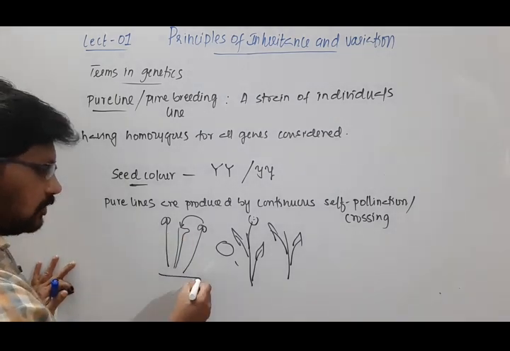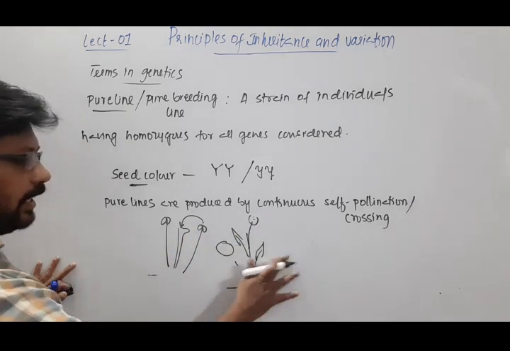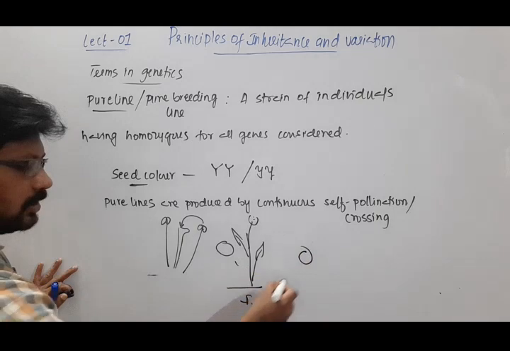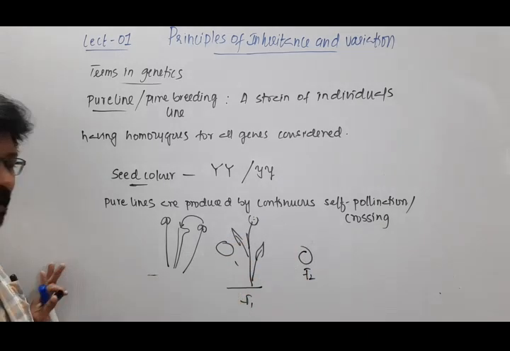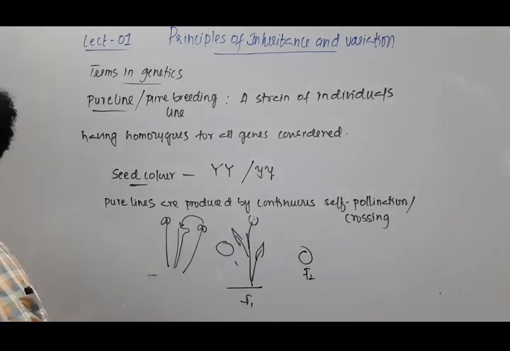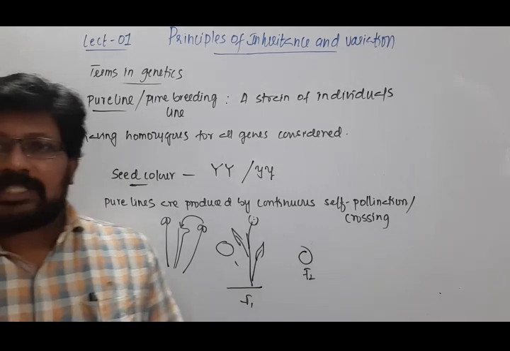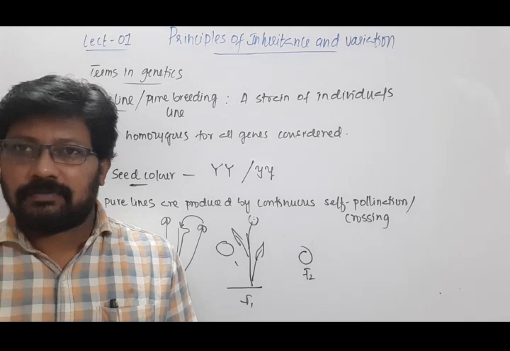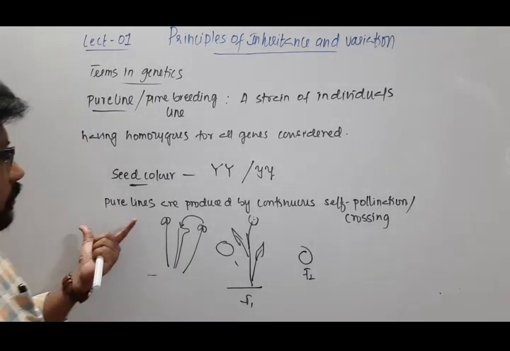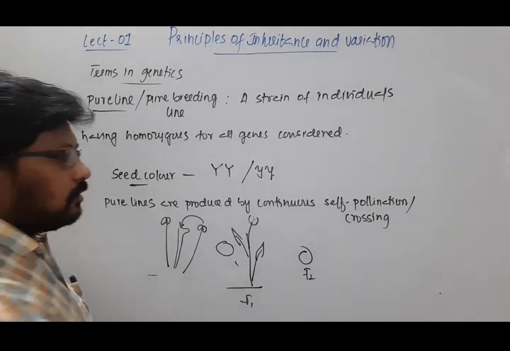Say this is the first generation, and then the seeds I obtained from it I use to raise the second generation, and again in the second generation I do the same process, going for a number of times with self pollination. I hope you already know what self pollination and cross pollination are, which you have studied in sexual reproduction in flowering plants.